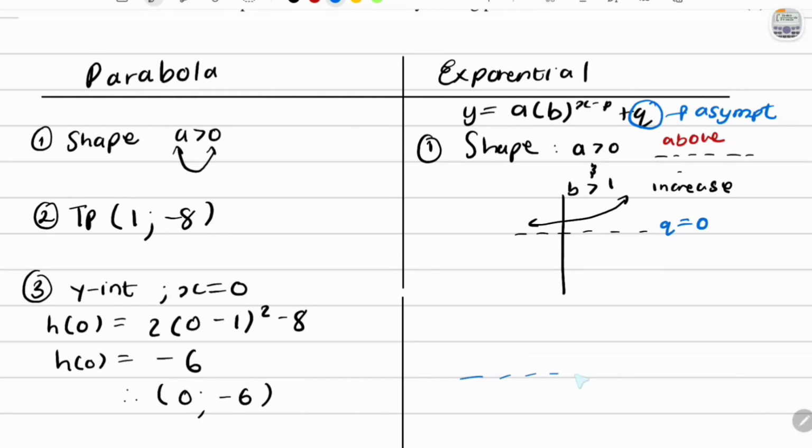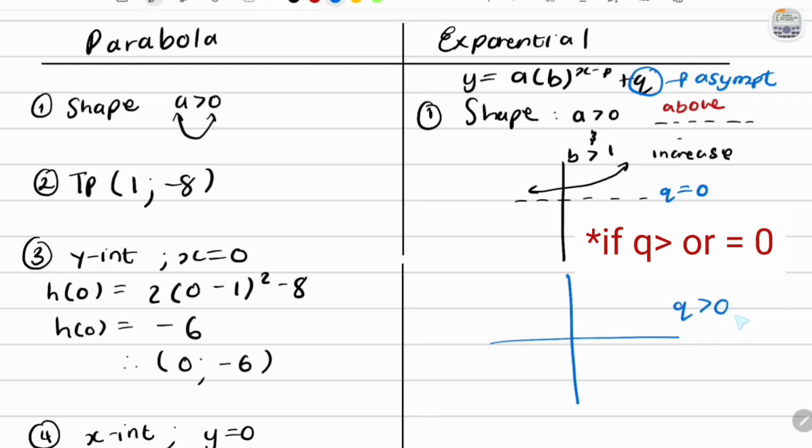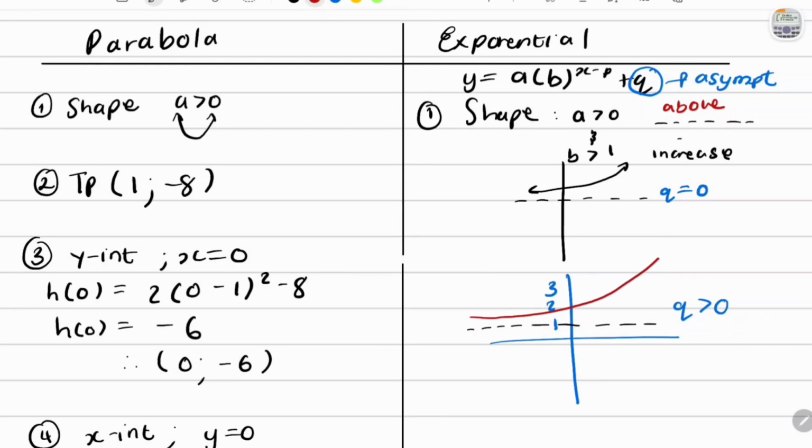If you have a graph and your asymptote is greater than 0, right? Meaning numbers like 1, 2, 3. If your asymptote is up there, let's say your asymptote was just by 1, then by default, if your graph is above the asymptote and increasing, then your graph looks like this.